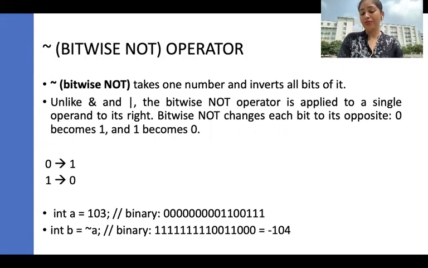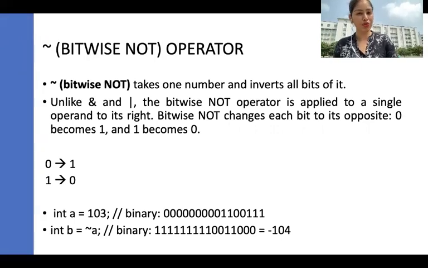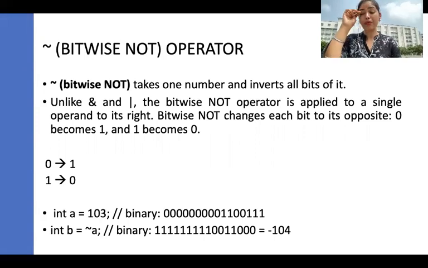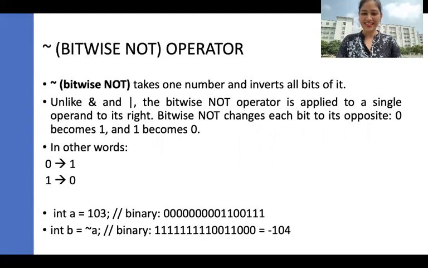And the same will be for other numbers also. And if you want to create a formula, the bitwise NOT of any number n will be equal to minus n plus 1. Okay. For example, if n is 5, then the bitwise NOT of 5 will be minus 6. Okay. I don't need any calculations for the same, right?